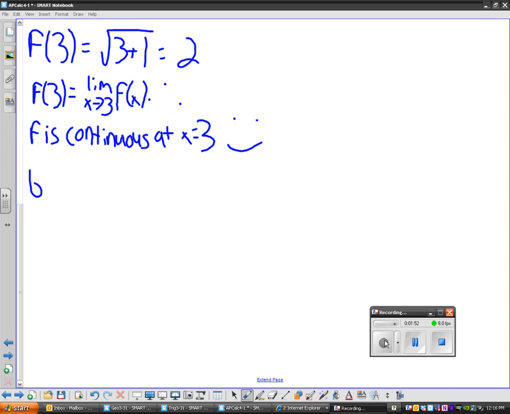B asks us to find the average value of f of x on the closed interval from 0 to 5.